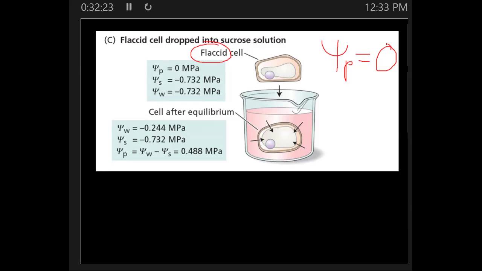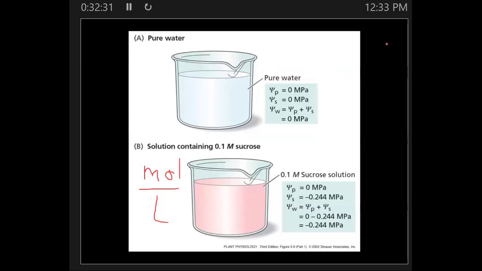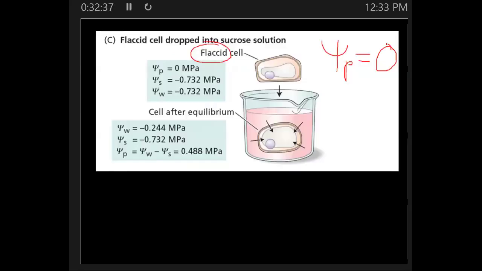Then here, they say go ahead and dump that cell into the beaker, which is the 0.1 molar solution with a negative 0.244 water potential. So that's the solution.